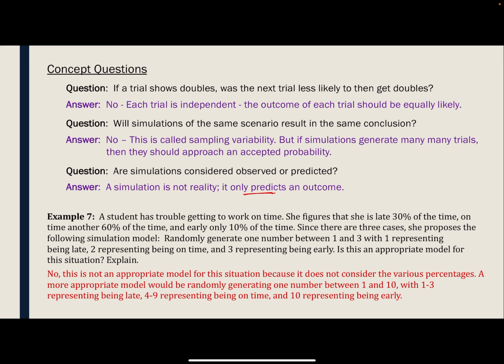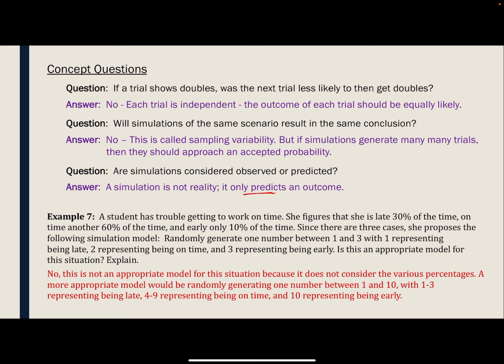So unlike our previous examples, we don't have an equal likelihood of being on time versus being late versus being early, right? They each have a different percent, which means I can't just have 3 numbers with each one being the same percent of the whole. I hope that's making sense.